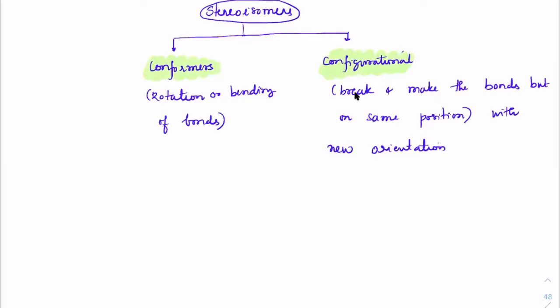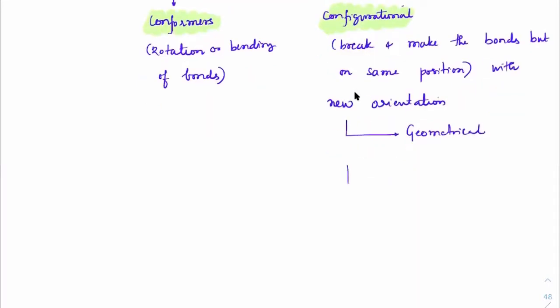So two types of stereoisomers, conformational and configurational. Within configurational, we have two kinds of isomers. One is geometrical, and the other one is optical. Geometrical will have a restricted rotational bond. RRB means restricted rotational bond.